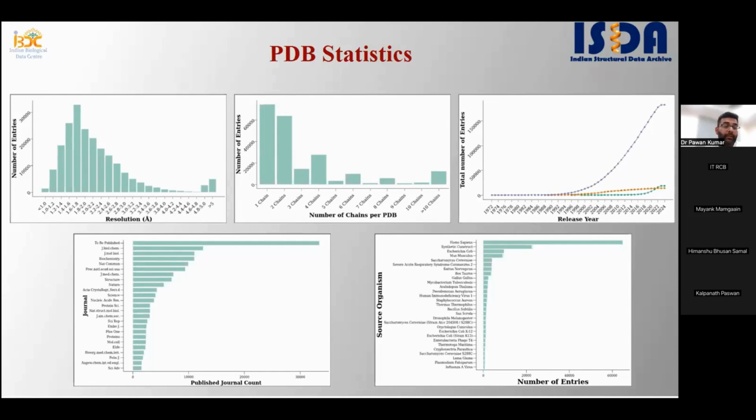Along with this, for the experimental structure information, we have real-time stats about PDB entries, which users can check to see which information is growing. For example, if we look at the resolution distribution, you can check how many structures are populated over different resolution ranges. Users can also check how many chains there are with respect to protein entries within the PDB, and how the three major experimental types, X-ray, NMR, and EM, are growing with time. On a general scale, you can check the preferred journal types in which the scientific community publishes its work, and the major source organisms from which proteins are extracted, crystallized, and submitted to the PDB.